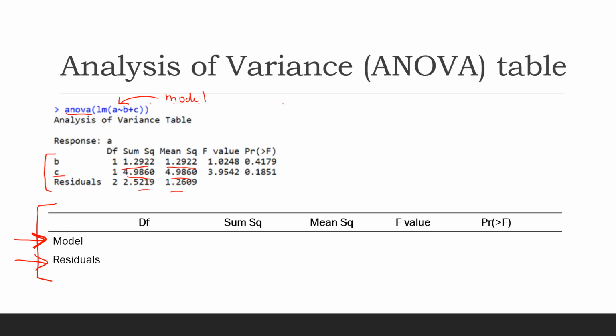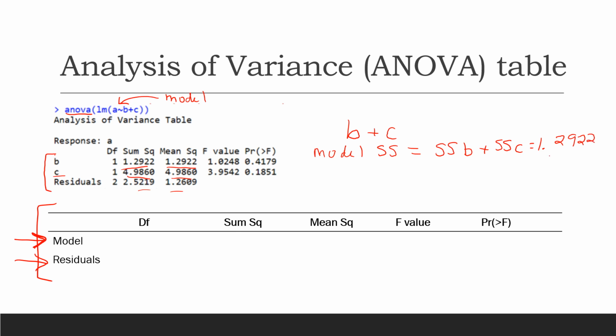But the thing about sums of squares is that they add, and degrees of freedom add. So for instance, if I have both B and C in the model, then the model sums of squares are going to be equal to the sums of squares associated with B plus the sums of squares associated with C.